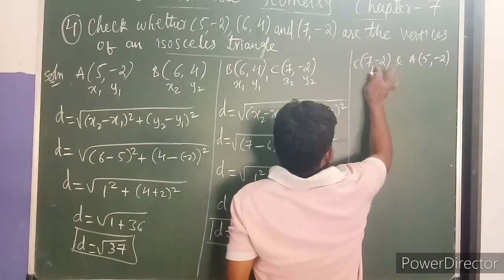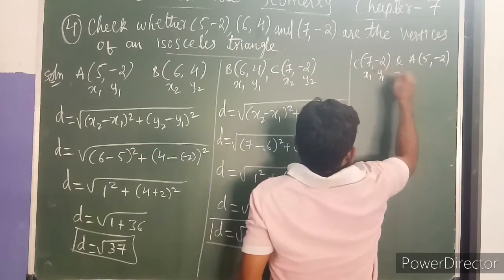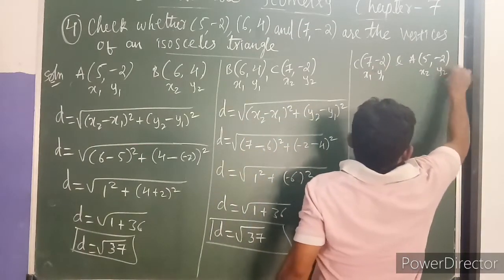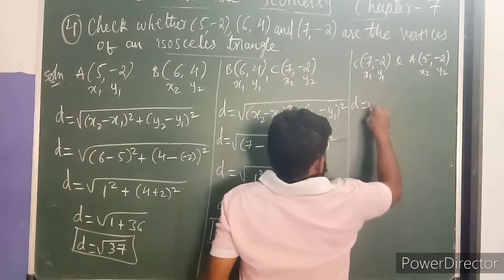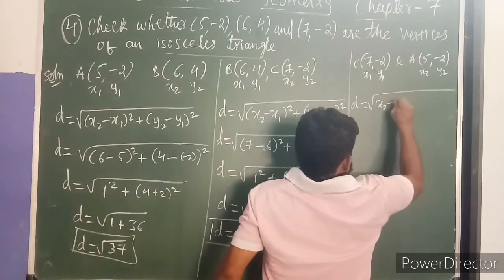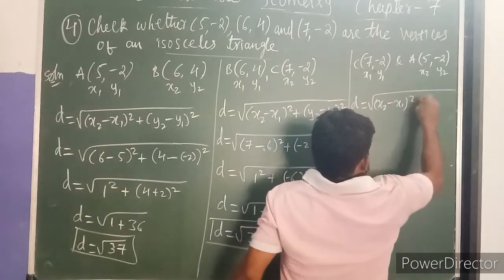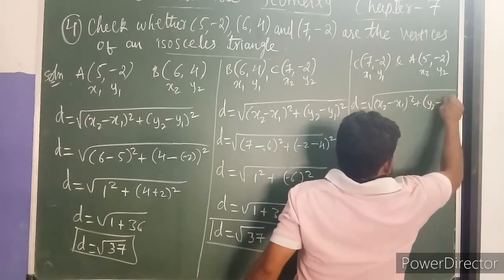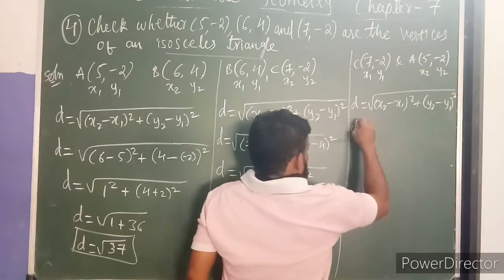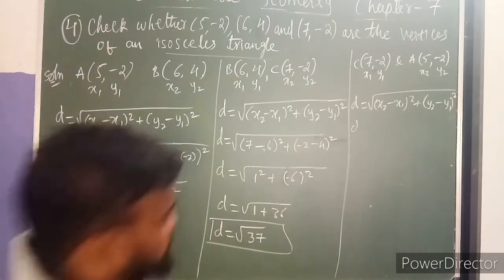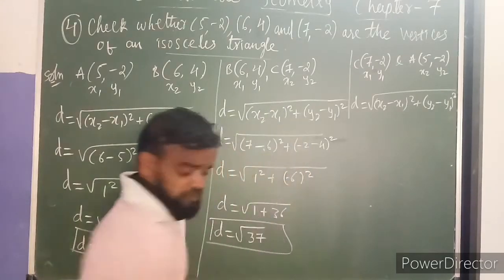So we have to put in x1, y1, x2, y2, right? Now we have to apply the distance formula, (x2 minus x1) whole square plus (y2 minus y1) whole square, right?